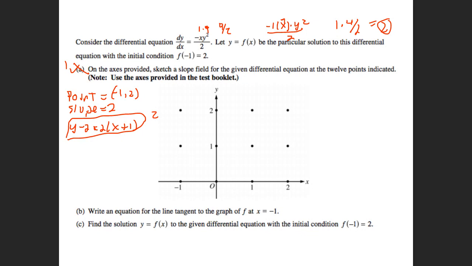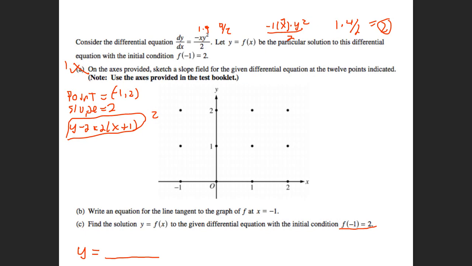It says find the solution y is equal to f of x to the given differential equation with the initial condition f of -1 equals 2. So basically what they're saying is we want to write an equation y is equal to. They want the original equation. So we have to use differential equations.